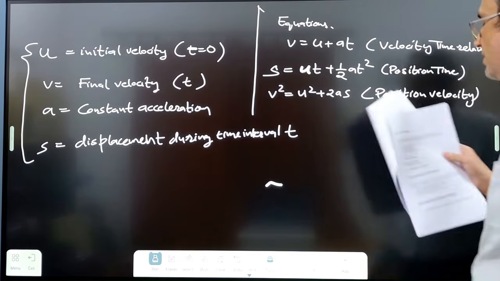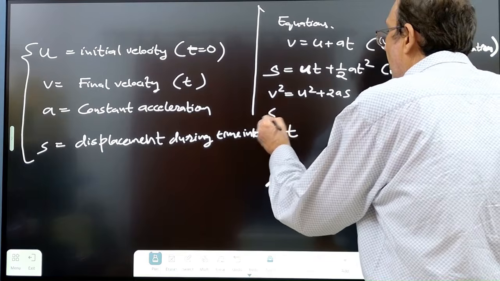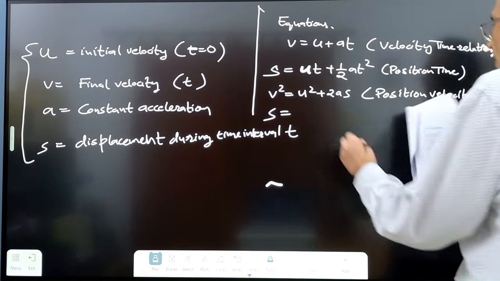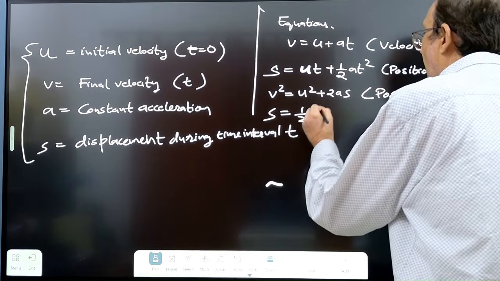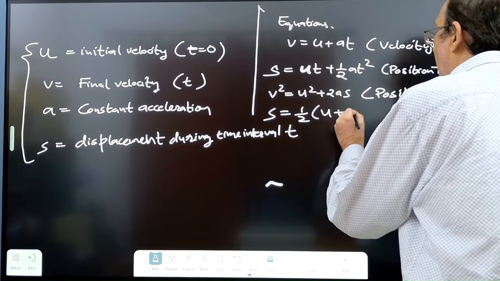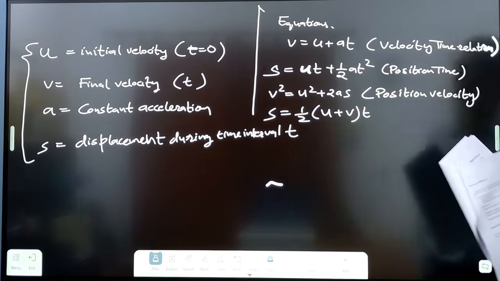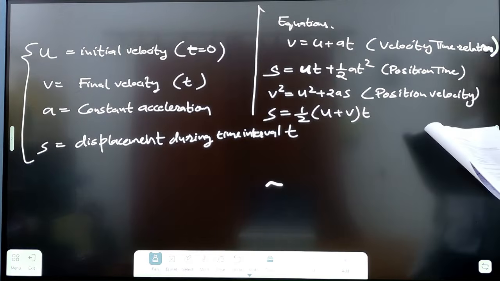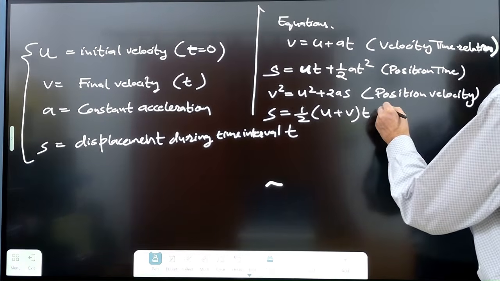And the final one is s is equal to half times u plus v times t. This is the position average velocity relation.